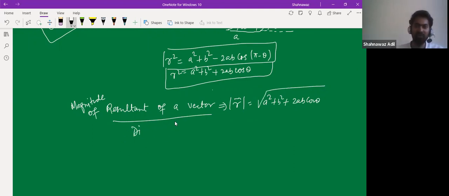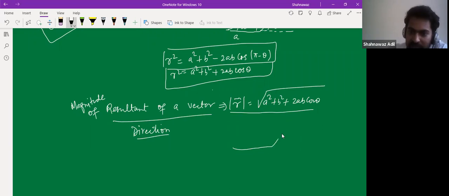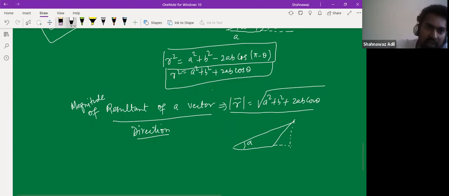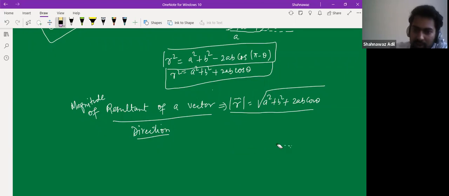Because if you have a vector, you need two things to describe a vector. One, we calculated the magnitude, and the other one needed is the direction. So again, recall the vector. So this is alpha. Let's omit that. This is not needed. Just draw this.